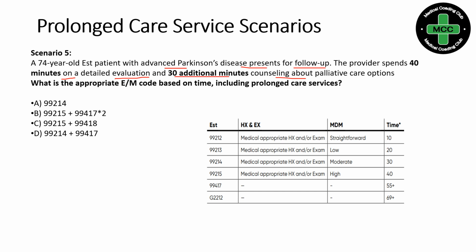So it will give you around 30 plus 40, 70 minutes. Okay, 70 minutes established patient. So for 70 minutes established patient, if you check 99215, medically appropriate history or exam and MDM is high, time 40 to 54 minutes, we will consider 99215.